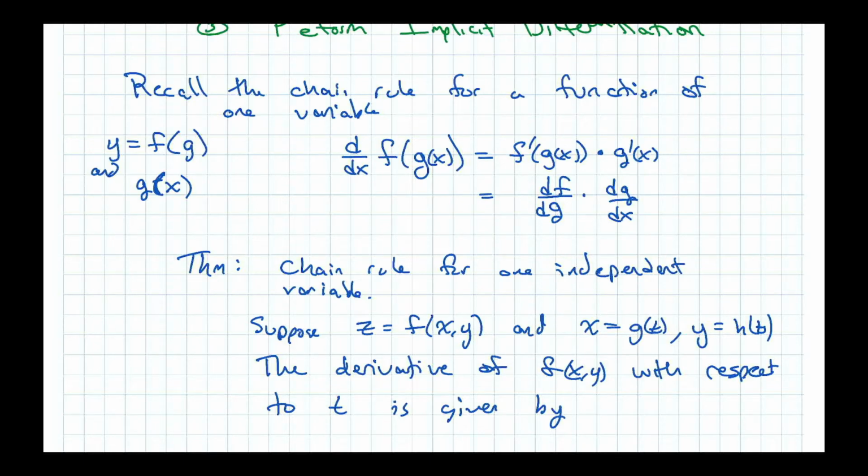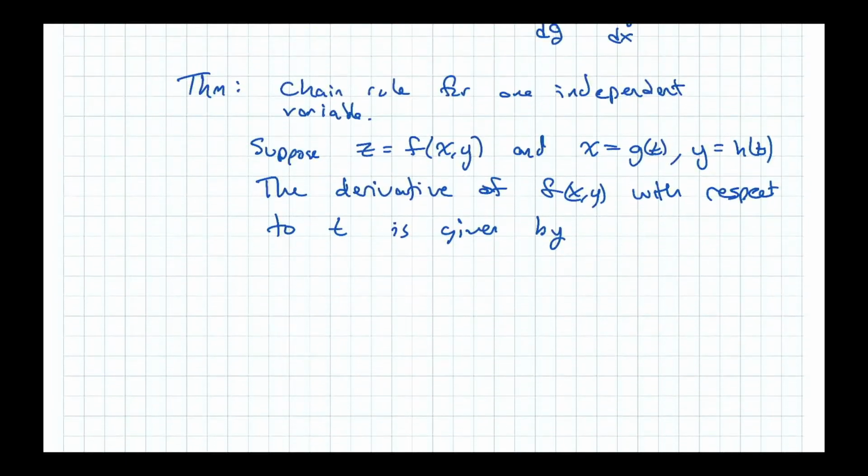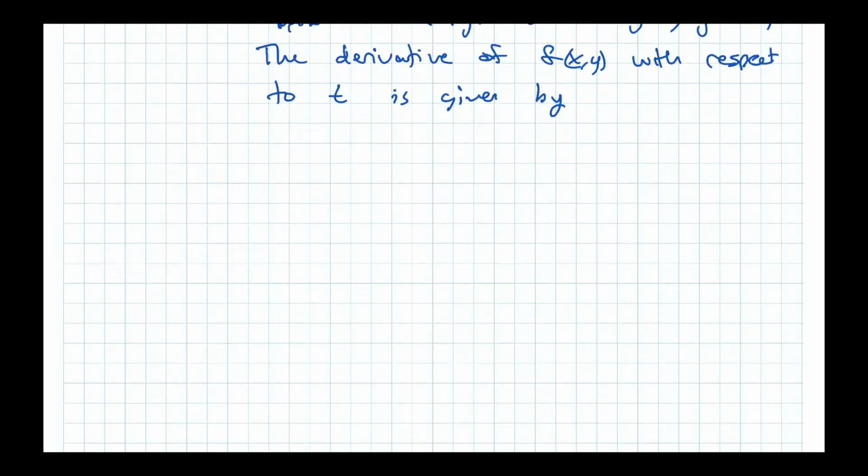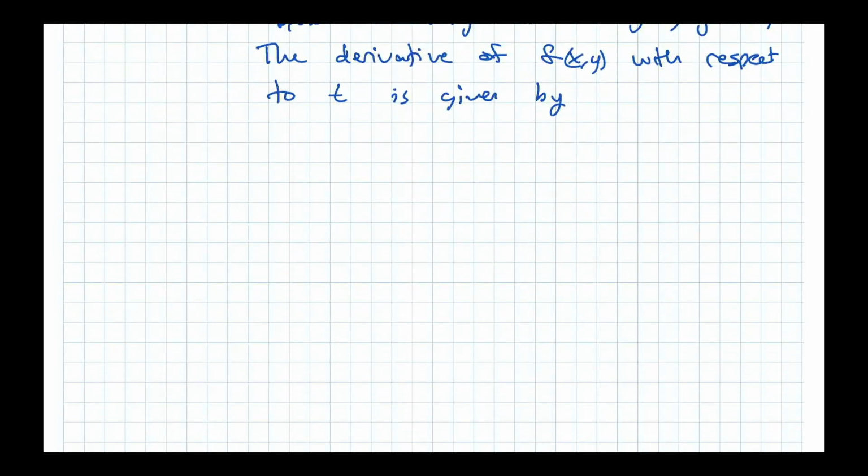So f is really a function of x, but in order to find that derivative, you have to do this chain rule thing. And so that's kind of the scenario we've got going on here. We want the derivative of z with respect to t, but z is a function of x and y, and x and y are functions of t. Okay? And there's a formula for it. We'll write down the formula, and then we'll try to convince ourselves of why this is true.